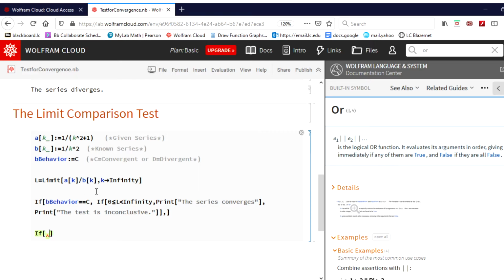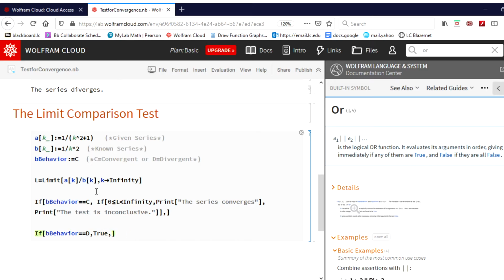The second if statement is the case for the false statement for the other situation, but I like to be a little more explicit with it and force it in there with that value of D, right? If B's behavior is divergent, we will perform this true thing, or we will have this false statement that we're not going to use.